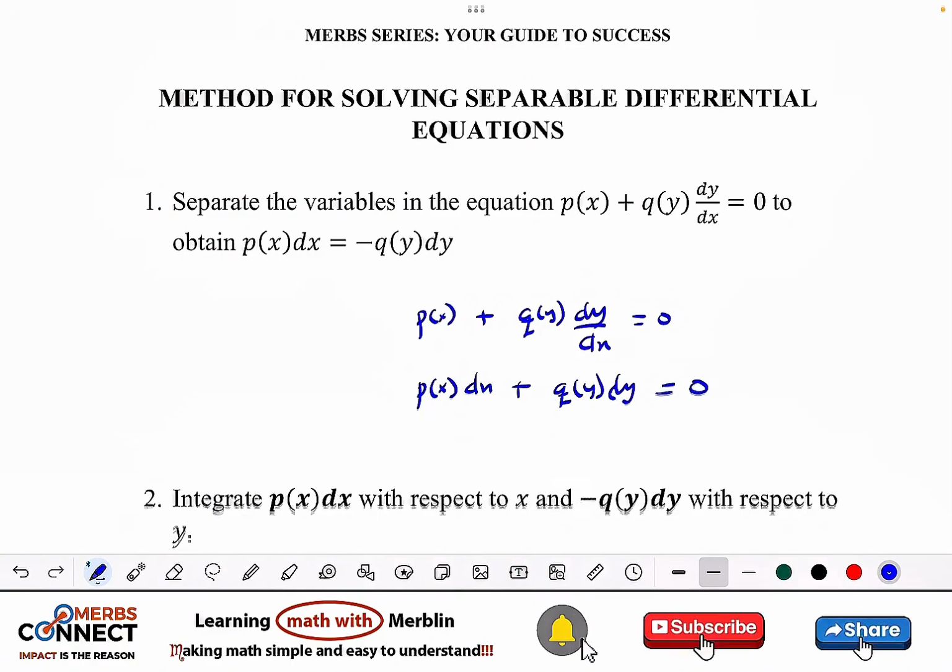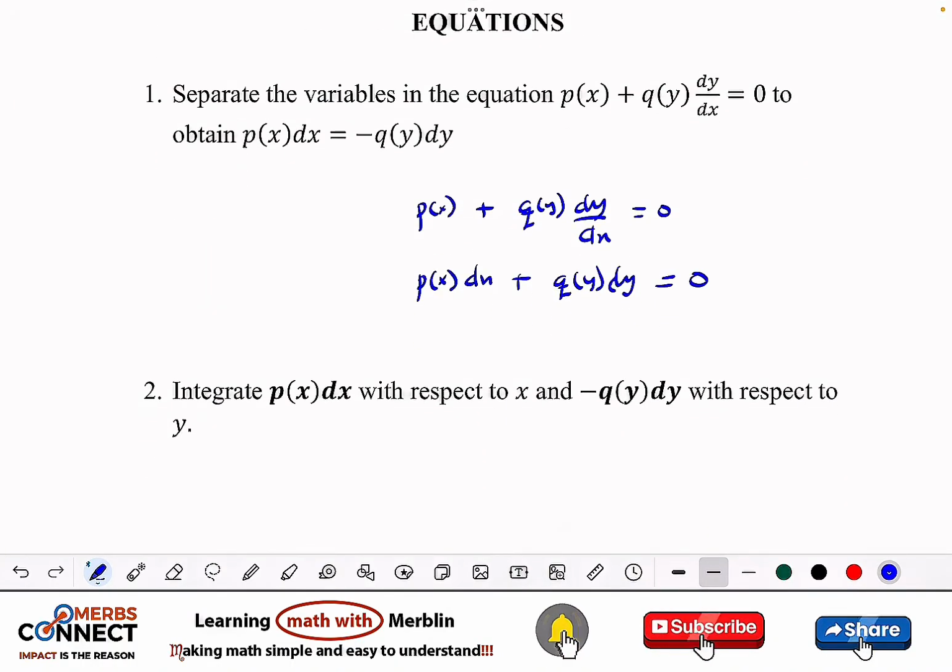Then for us to solve, what we just need to do is group the function as we learned from the linear order. After we are done finding the integrating factor, we need to group the x term on one side and the y term on the other side. So this is the same as p of x dx is equal to minus k of y dy, as shown here.